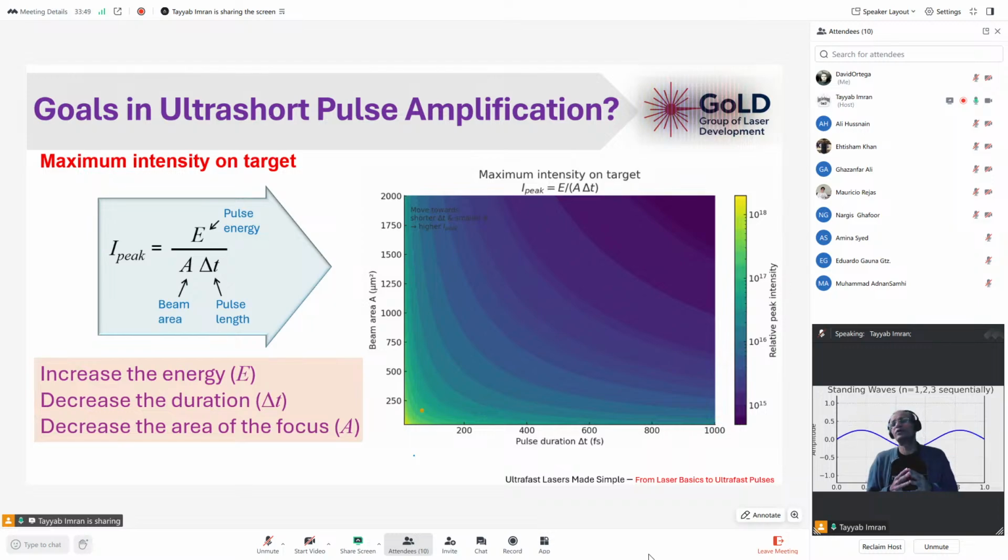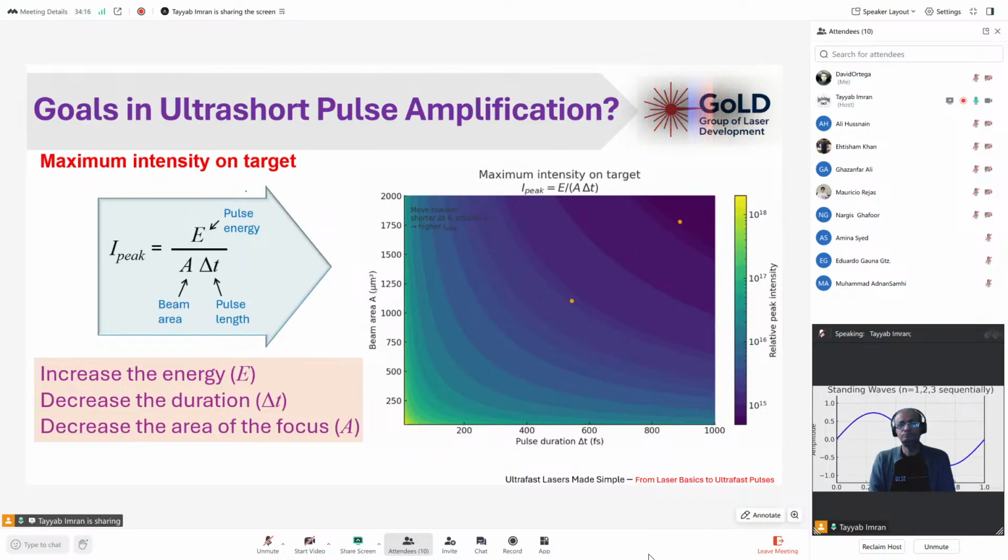Now our goal actually is to amplify, because in case of just oscillator, the energy, or you can say the peak power as well, or the intensity will be very low. In some applications you can use, but not most of the applications. So you need to amplify it. This is the ultimate goal.